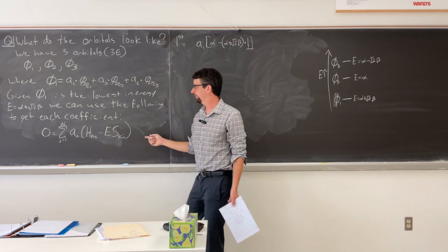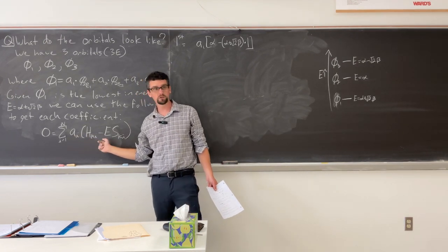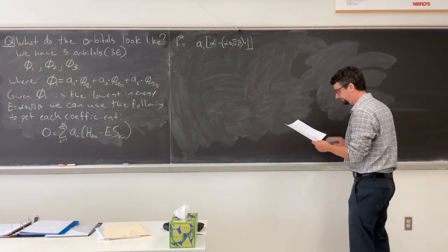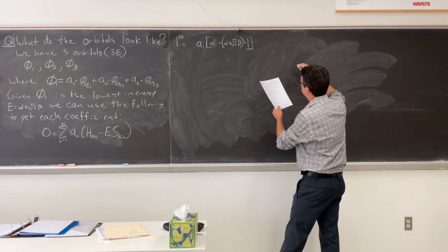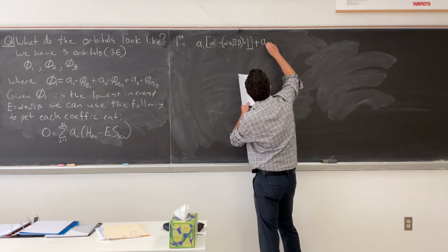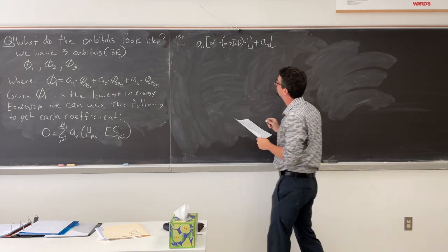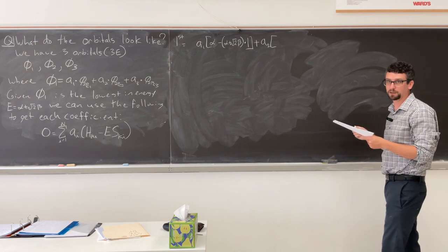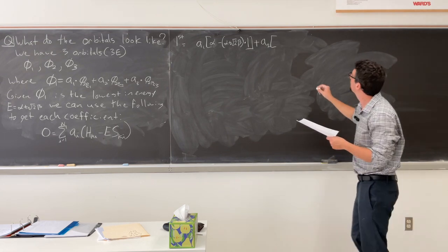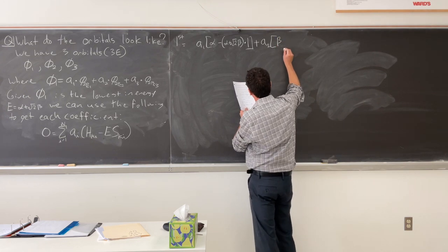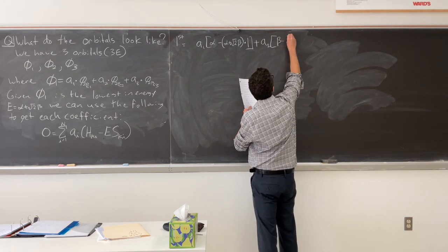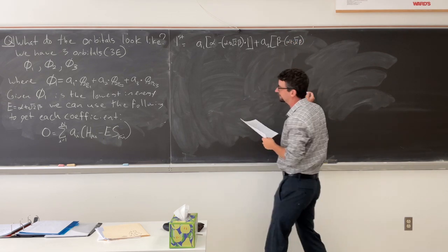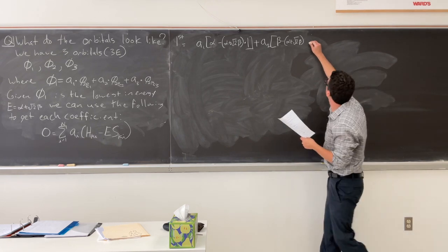Now we have to do this for carbon number 2 and carbon number 3. Okay, next term, plus A2 times H12, which is beta, minus alpha plus square root of 2 beta times S12, which is 0.